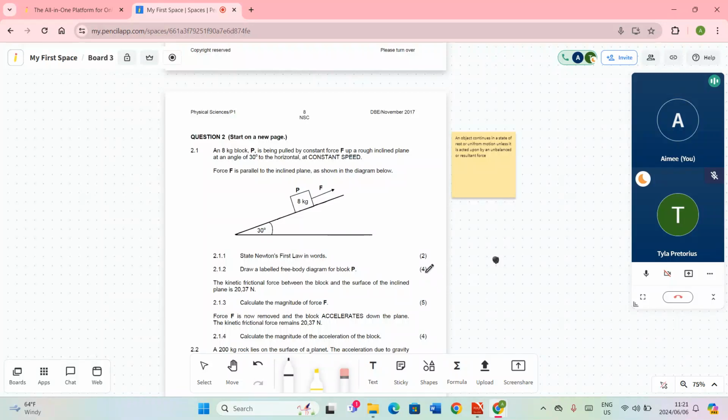We can see that the mark allocation is 4. The mark allocation generally or usually tells us how many forces need to be present on our free body diagram. So we say, okay, well, it's on a surface, so it has to have normal force. Okay, it has a mass or weight, definitely.